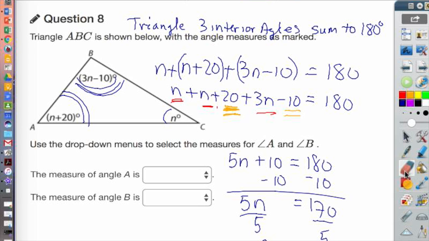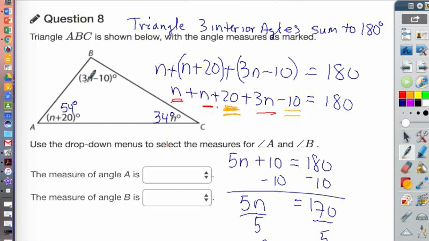So now I can find all the angles. And if they don't add up to 180, then I have a test here. So this angle is 34 degrees. This angle is going to be 34 plus 20, which is 54 degrees.